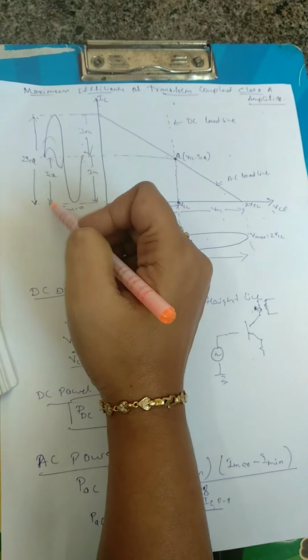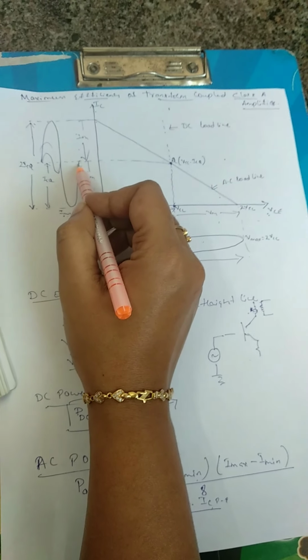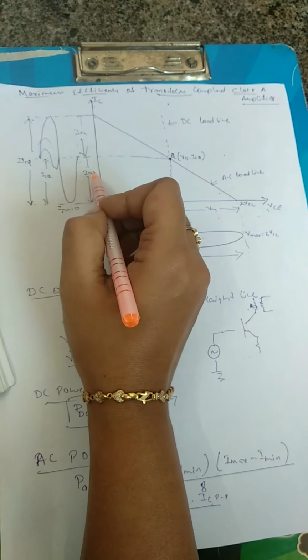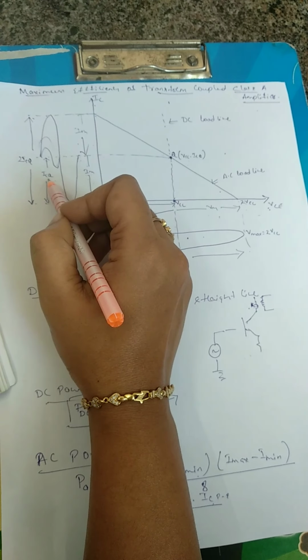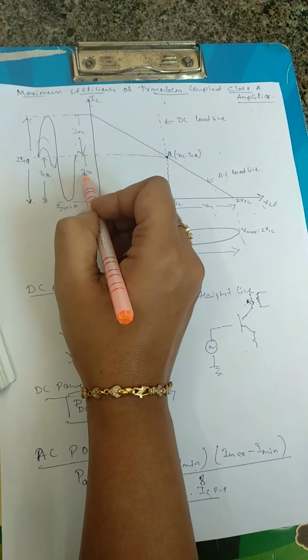If this is ICQ, the maximum amplitude, since amplitude is calculated on one side, this ICQ is also equal to Im. Since it is at the Q point, we specify it as ICQ. Im is in general just an amplitude, it can be IB, it can be Im.